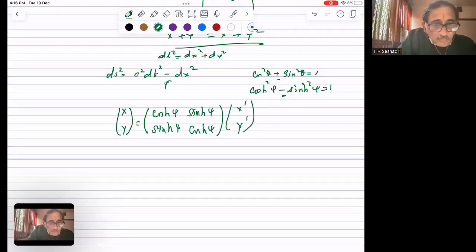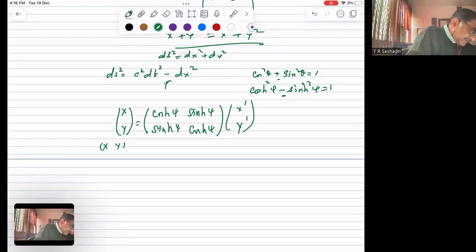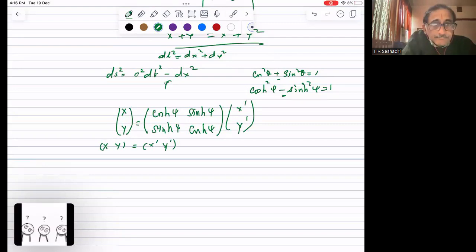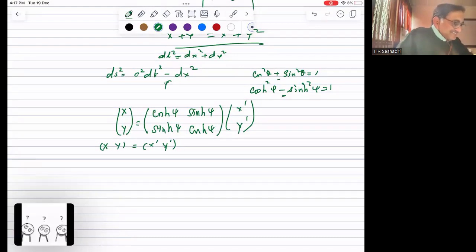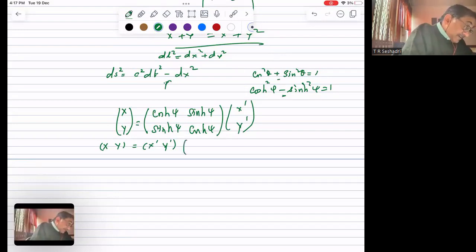And now I can write x, y equal to x prime, y prime times cos hyperbolic psi, minus sin hyperbolic psi, minus sin hyperbolic psi, cos hyperbolic psi. No, there are no two signs, because I took the prime on this side, so psi will go to minus psi, because of the opposite velocity. Okay. Am I getting it correct? I don't know.